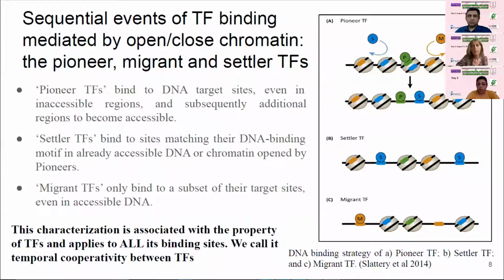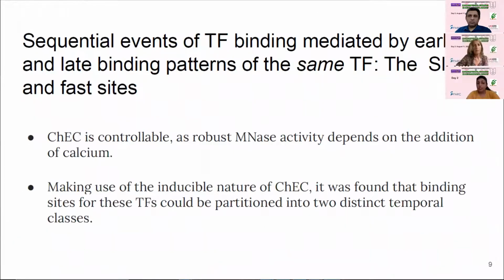This type of characterization is associated with the transcription factor and applies to all of its binding sites, and we call it the temporal cooperativity between transcription factors. The sequential events of transcription factor binding are also mediated by early and late binding patterns of the same transcription factor.